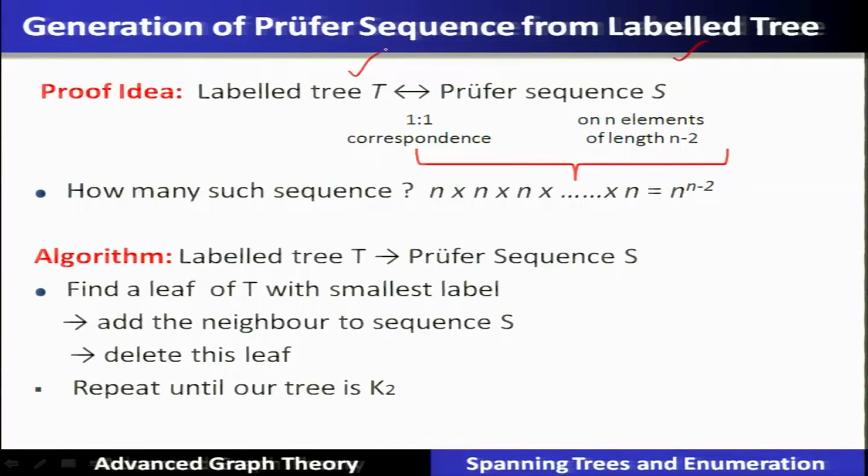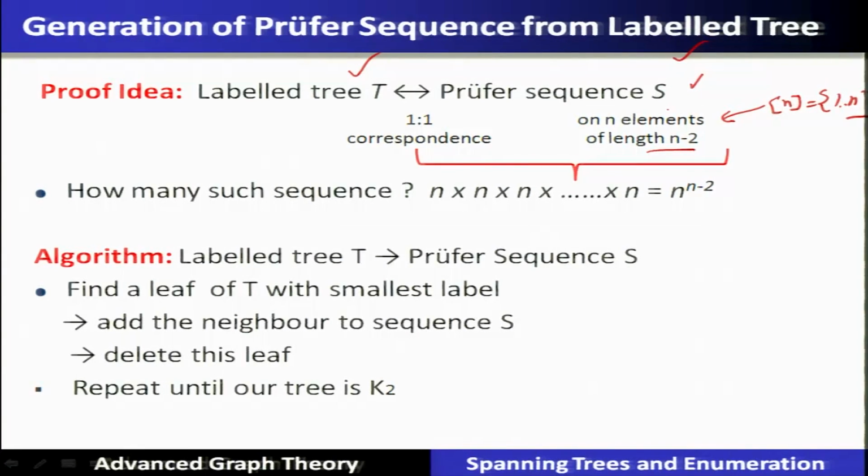So, there is a one-to-one correspondence from a tree to a Prüfer sequence, and from a Prüfer sequence we can construct a tree. For a given tree we produce a Prüfer sequence, each element of which is from 1 to n, and the total length of this code S will be n minus 2.